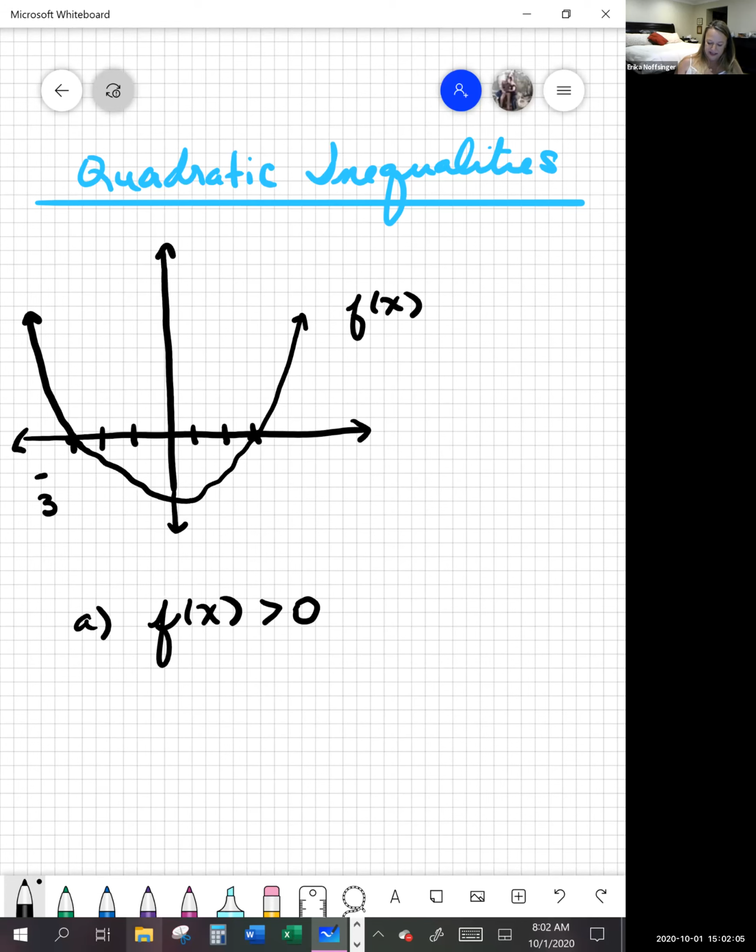Okay, well, this is saying basically, we're looking at our graph. This is our y value, right? So when is the y value positive?